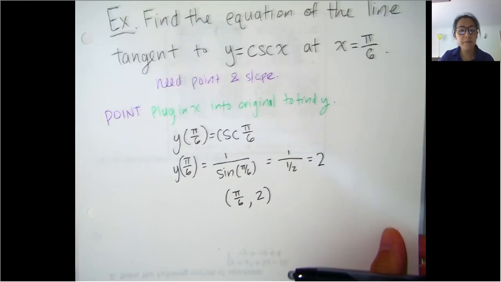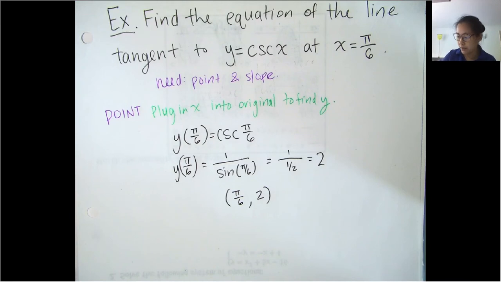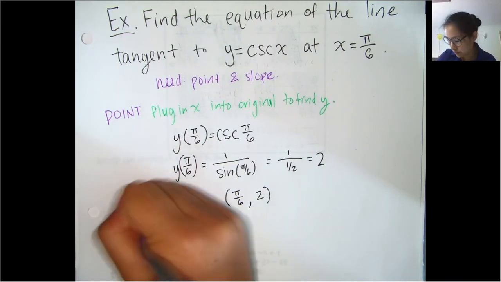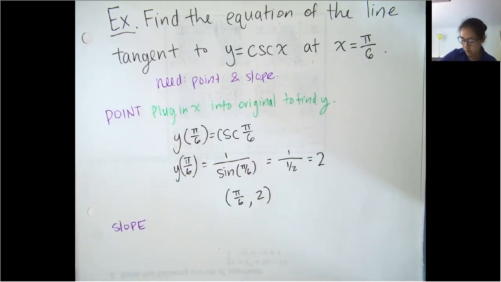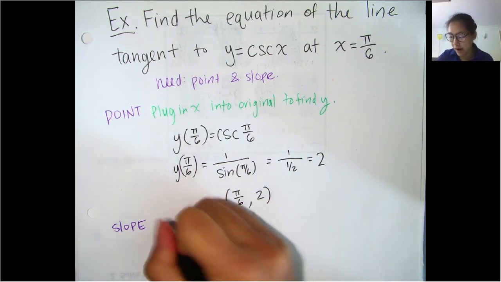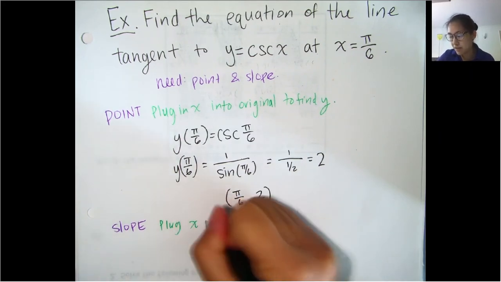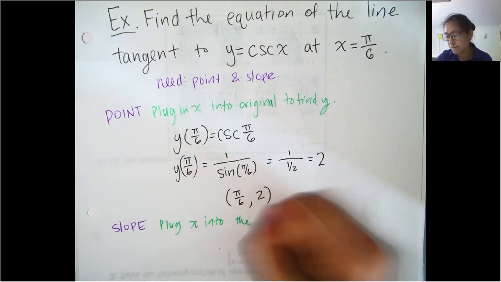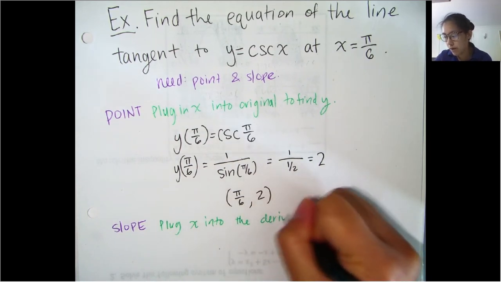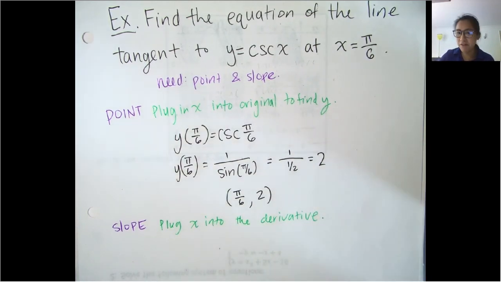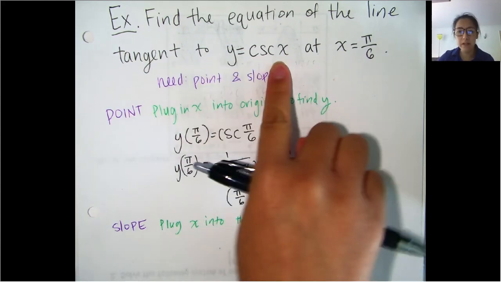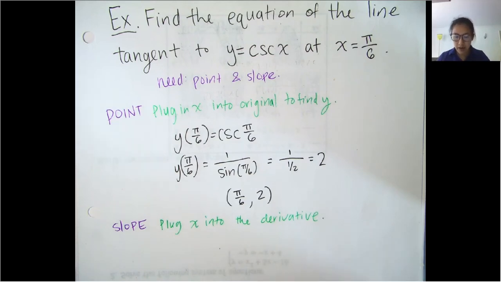Okay, let's go ahead and find the slope. How do you find the slope? Well, you plug your x into the derivative. To be able to plug it into the derivative, you need to find the derivative. So what is the derivative of y equals cosecant of x? We went over that in our rules earlier. That would be negative cosecant of x cotangent of x.